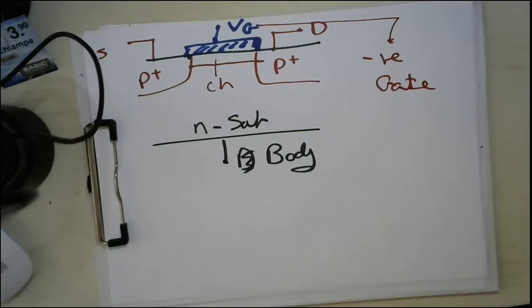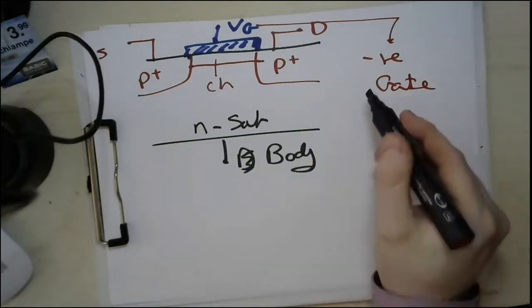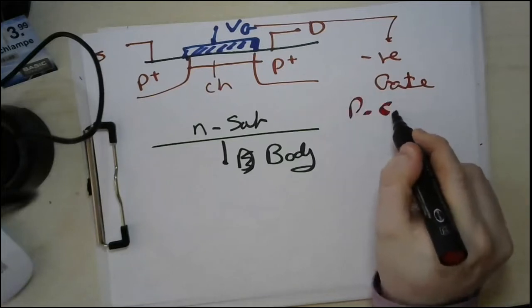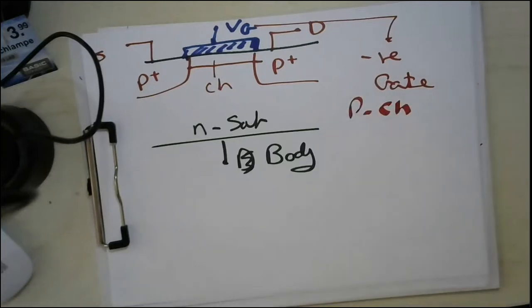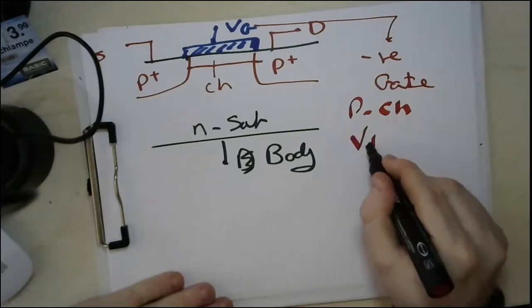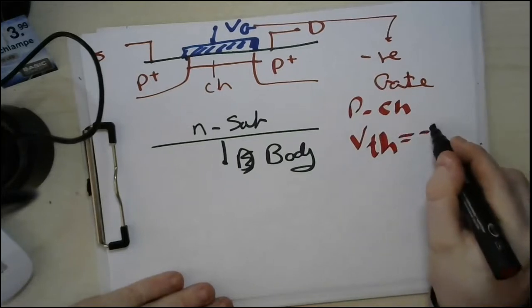So this is the first difference in the operation. In the N channel MOSFET, you need a positive gate voltage in order to create the channel. In the P channel MOSFET, you need a negative voltage in order to create the channel. So you have to expect that your V threshold here will be a negative voltage.